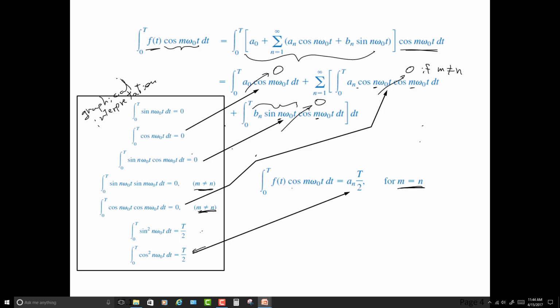This was our left-hand side, so let's not lose track of it. We evaluated here. This was the right-hand side, but now the left-hand side, because of all these zeros here, is brought back into play. This is our left-hand side.